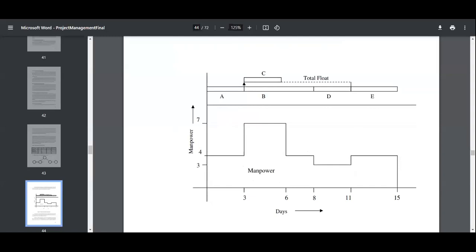So they have started their work, and C depends on B. When C completed his work, he started, and D also depends on B and C, and then they start their work. So here we are just putting the time or days, and we just form the diagram, right?